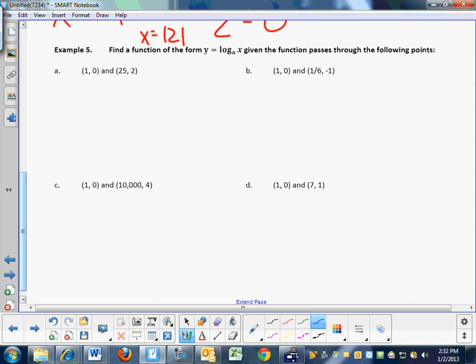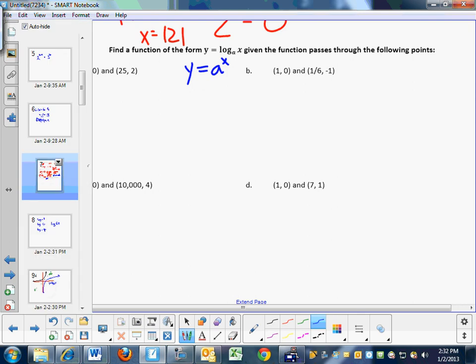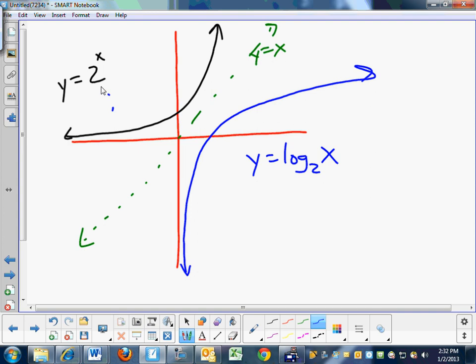Okay. Last examples, and then you guys will have your assignment. Find a function of the form y equals log base a of x. The other day we did y equals a to the x. We did exponentials. Now we want to do logarithmic ones, given the function passes through the following points. Now, do you remember from the other day that all of these pass through what point?